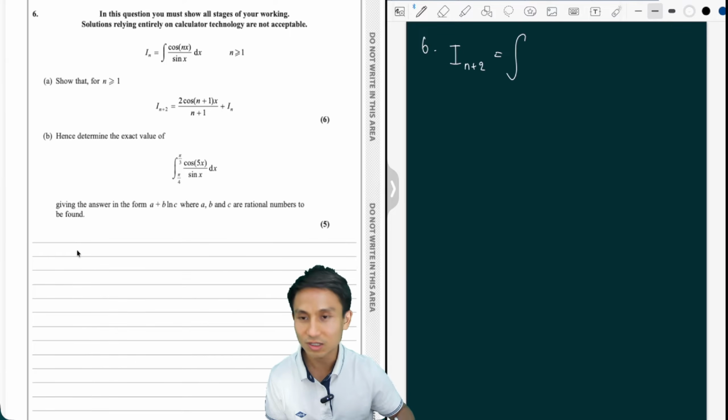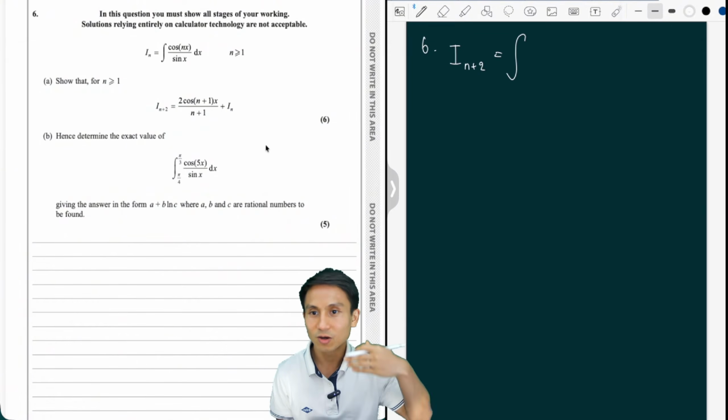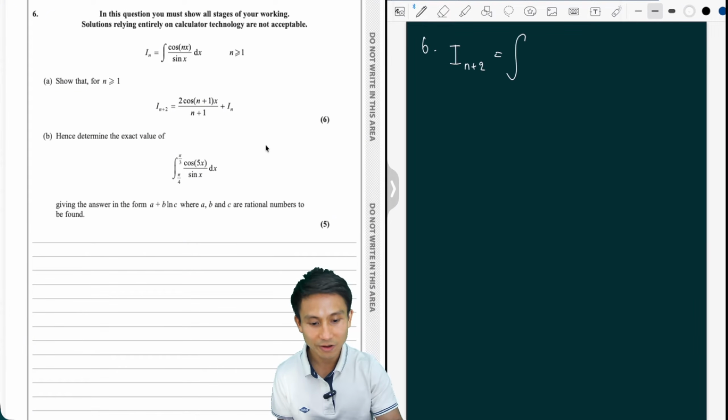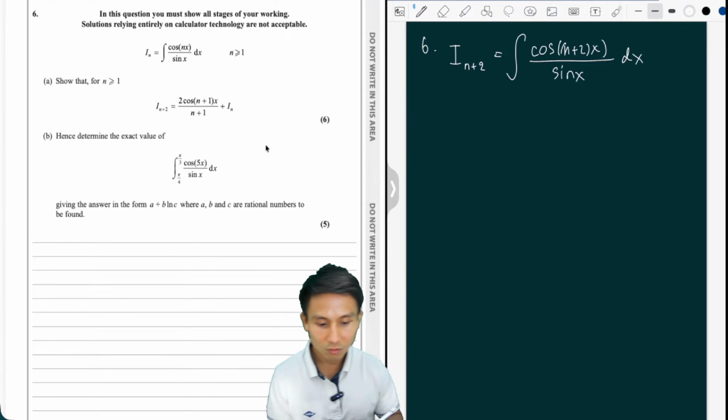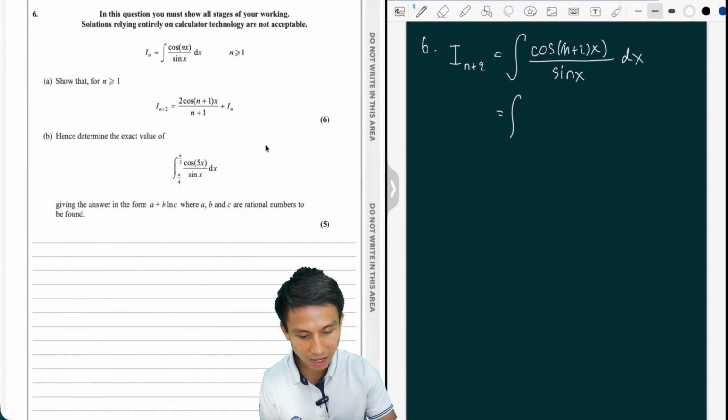So if we use the definition of In here, but substitute n plus 2 instead, we're going to get cos of n plus 2, which of course multiplies x here as well. We're going to deal with that later. I'm just starting here. Let's expand the argument of the angle, so we get nx plus 2x. What does this look like to you?